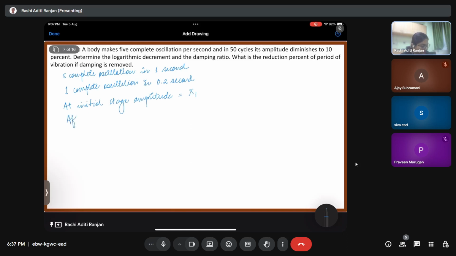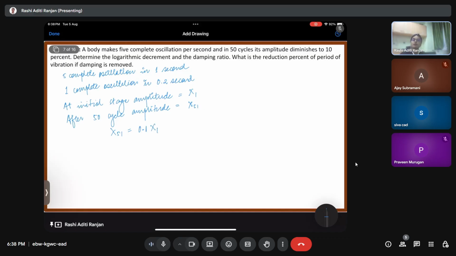After 50 cycles, it is x51. We already have the relation that the amplitude diminishes to 10%, so x51 is 10% of x1, which is 0.1 of x1.